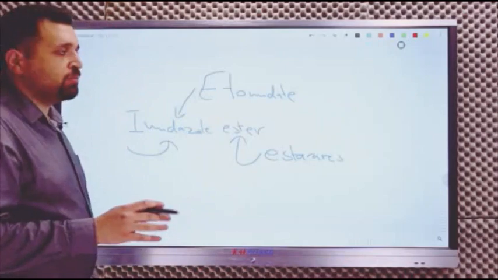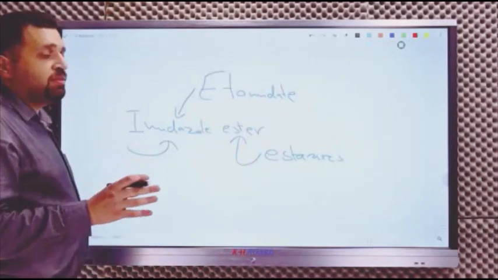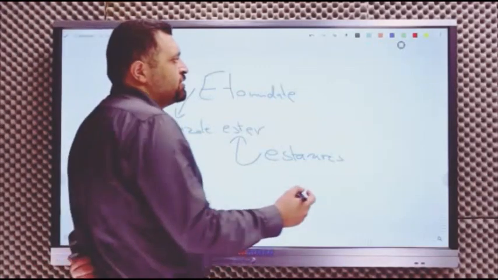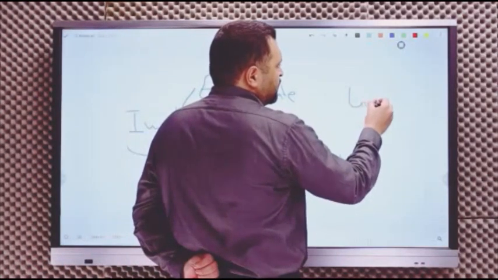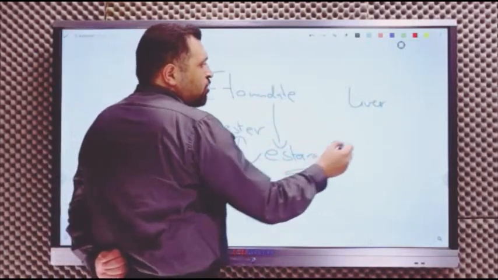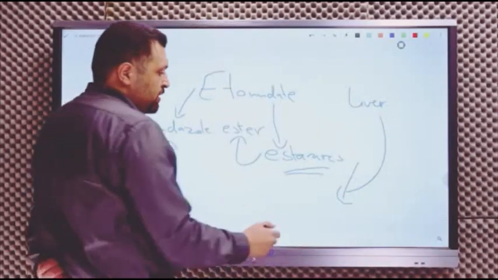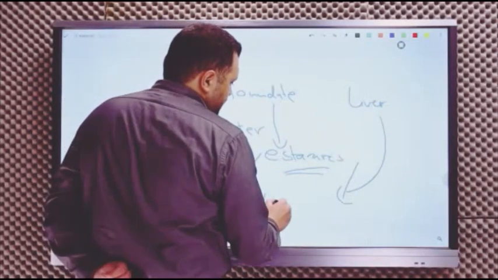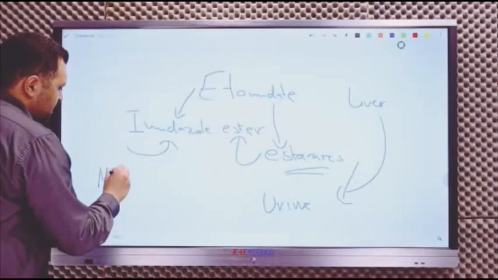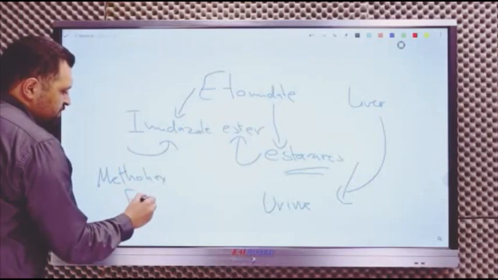So the metabolism, or rather the breakdown of etomidate, is something that is different from the other drugs in our lecture. The other drugs are metabolized in the liver, while etomidate is metabolized by esterase. All of the drugs we mentioned are excreted from our body through the renal system in the urine, except one drug, which is methohexital, that is excreted in the feces.